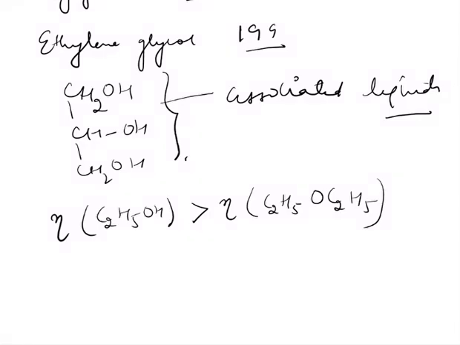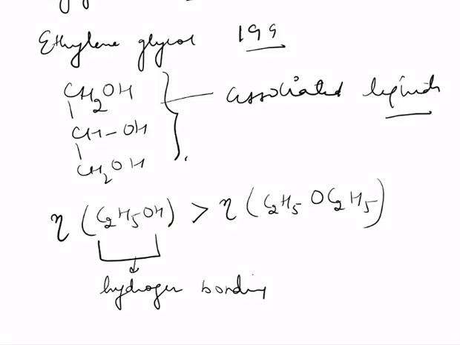Hydrogen bonding. It is largely due to this, because this will be asked in the exam. We first think of hydrogen bonding between the molecules of the liquid. So what will happen between the molecules of the liquid? They will get associated, so they are known as associated liquids, class.